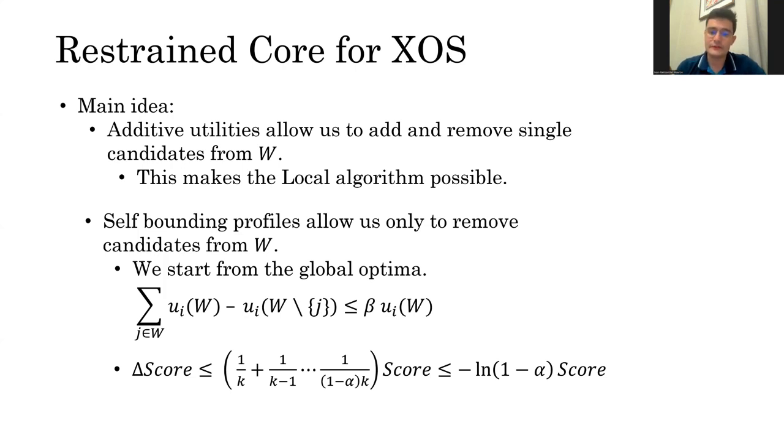By continuing to iteratively remove candidates, we are able to bound the decrease of the total score, which helps us to show that the existence of a blocking coalition results in a contradiction with the optimality of the initially chosen committee that maximizes the global Nash welfare function.